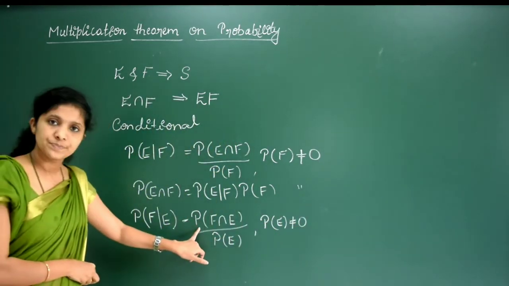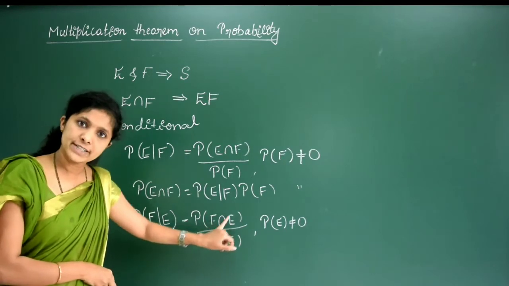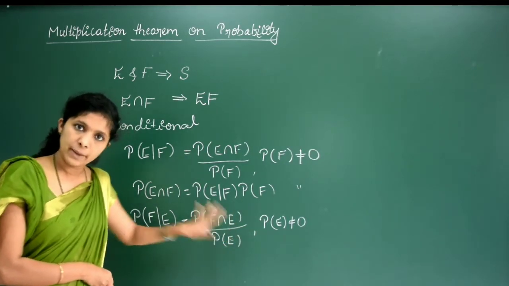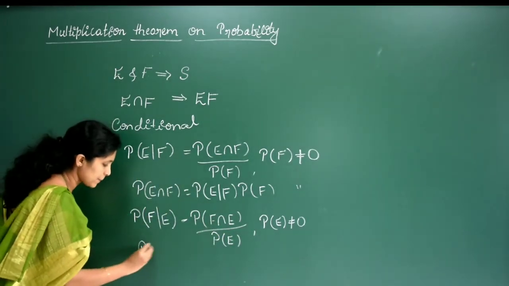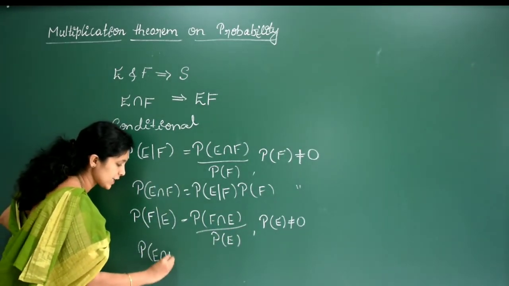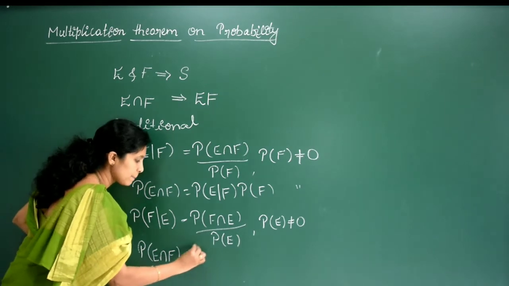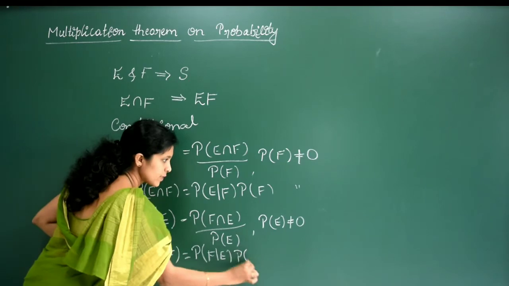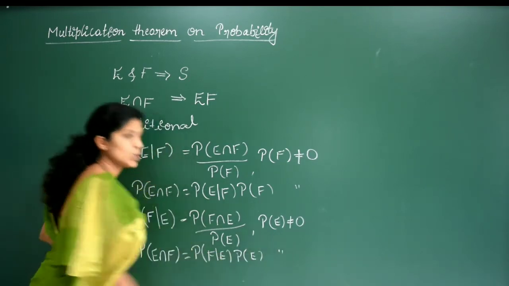And one more thing, P of F intersection E can also be written as P of E intersection F. By using this, we can write P of E intersection F is equal to P of F by E into P of E, where P of E cannot be equal to 0.